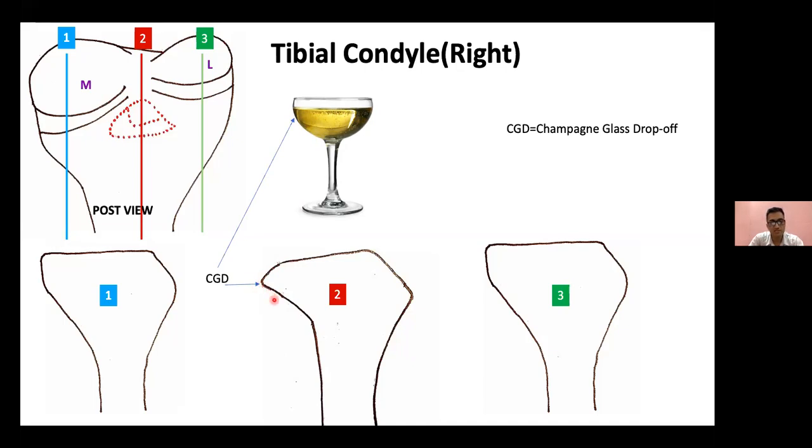And this is the attachment site for the capsule as well. And this is the PCL facet here, where the PCL attaches, and we make a tunnel from the anterior direction such that the guide wire exits somewhere around the PCL facet. This is the capsule attachment, and there is the popliteus muscle just inferior to the champagne glass drop-off.